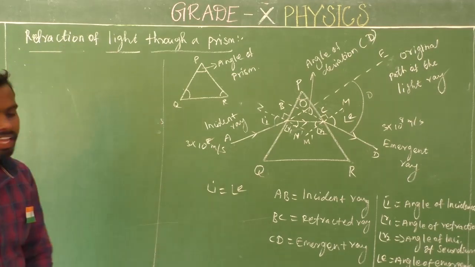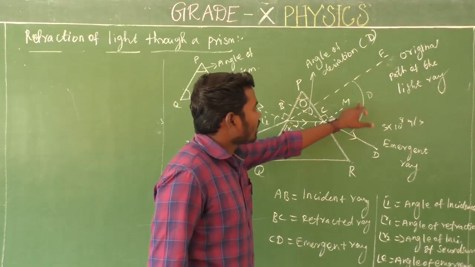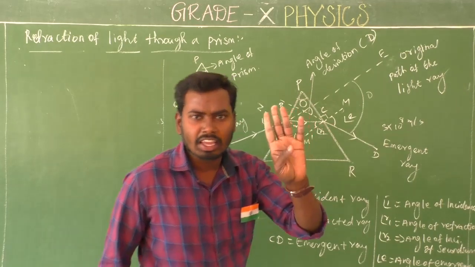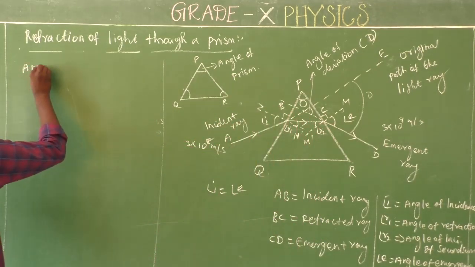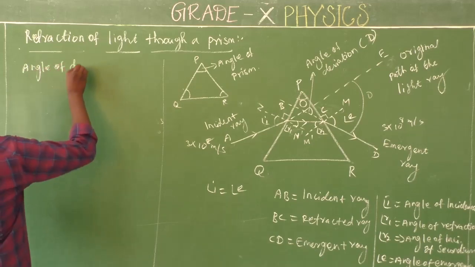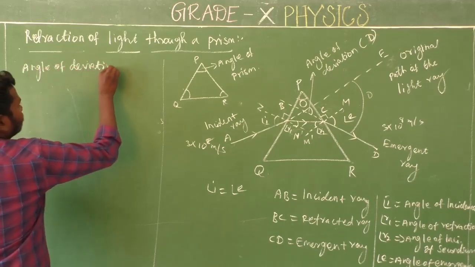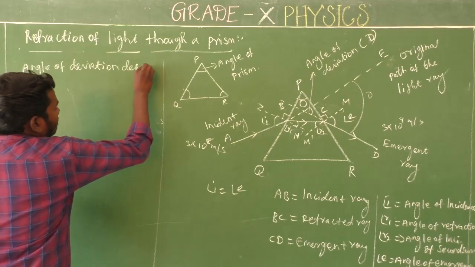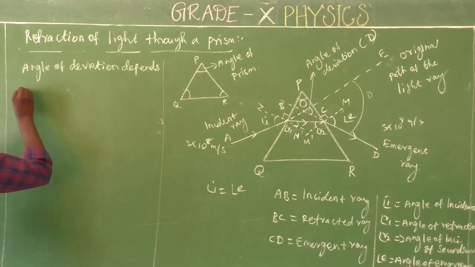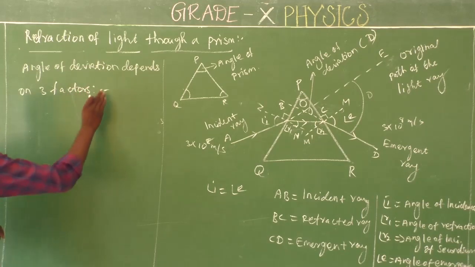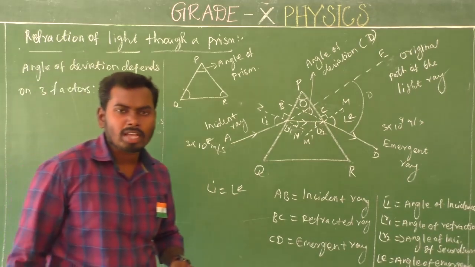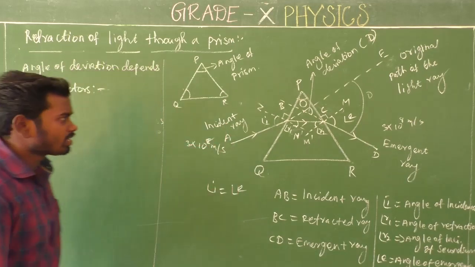This angle of deviation D depends on 3 factors. So what are the factors, sir? You may ask me. First one, the angle of prism.